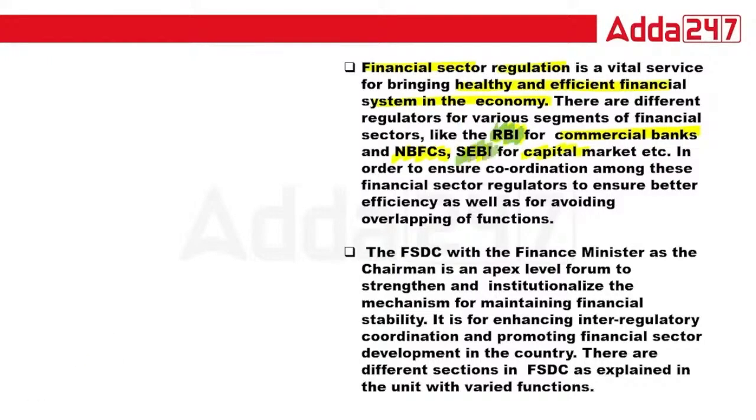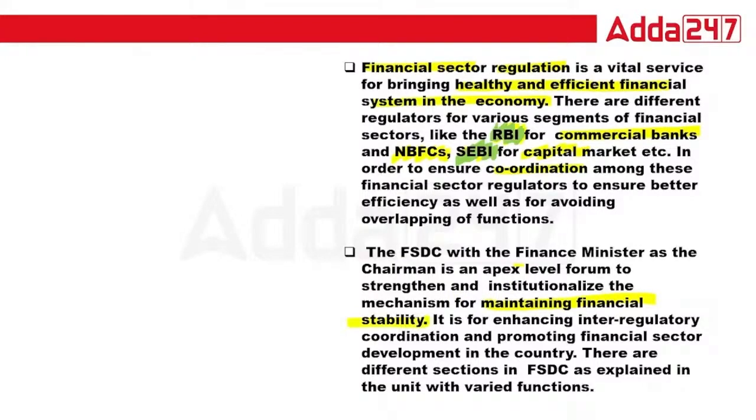RBI and the SEBI. In order to ensure coordination among these financial sector regulators, to ensure better efficiency as well as avoiding the overlapping of the functions, that is important, the FSDC, with the finance minister as the chairman, is an apex level forum to strengthen and institutionalize the mechanism for maintaining the financial stability.